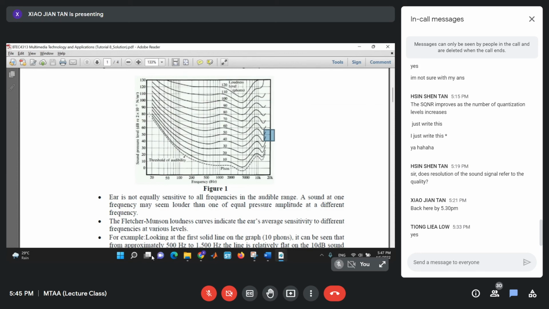For example, at this point, you may have a reduction in pressure. I mean, you need more effort or more energy or more pressure in order to listen to a specific frequency. But this trend keeps on reducing or improving until here, decreasing until here, and then improving again and decreasing again.